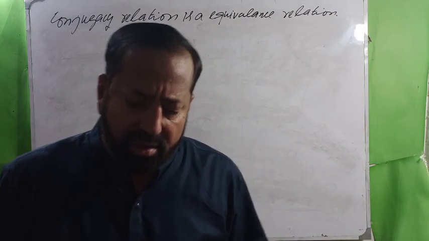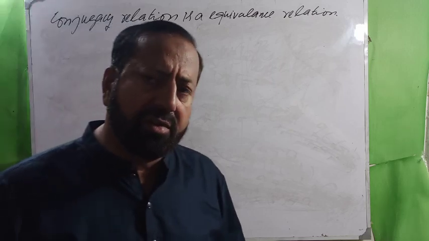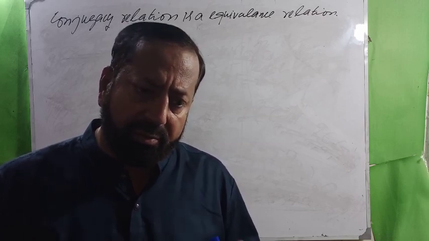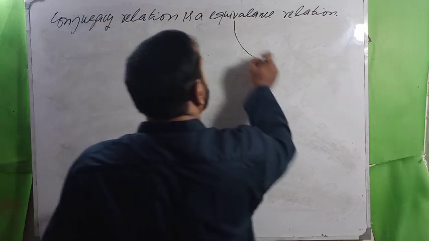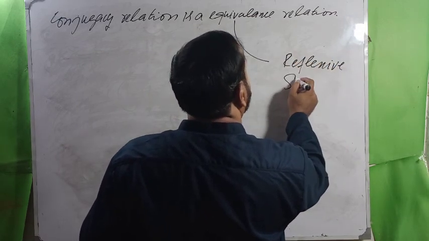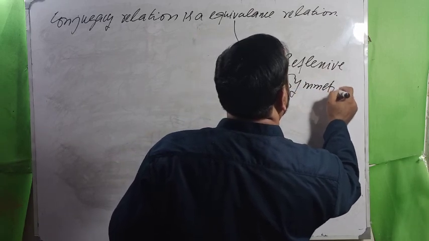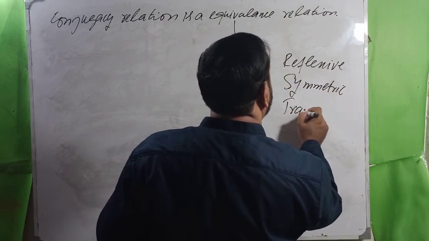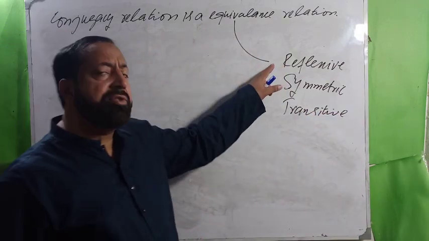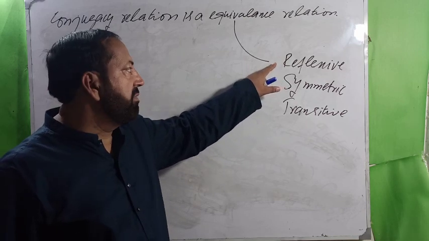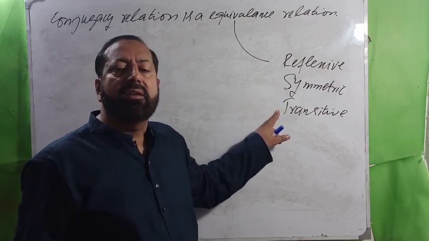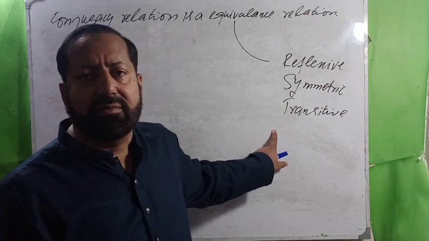If you recall the definition of equivalence relation, we have three properties. Equivalence relation means one is reflexive, second is symmetric, and third is transitive. If any relation has these three properties, reflexive, symmetric, and transitive, then that relation is called an equivalence relation.